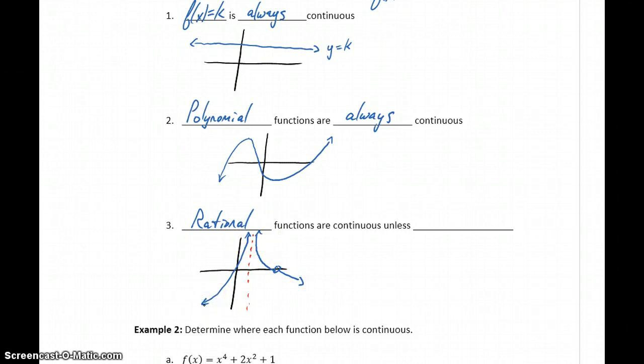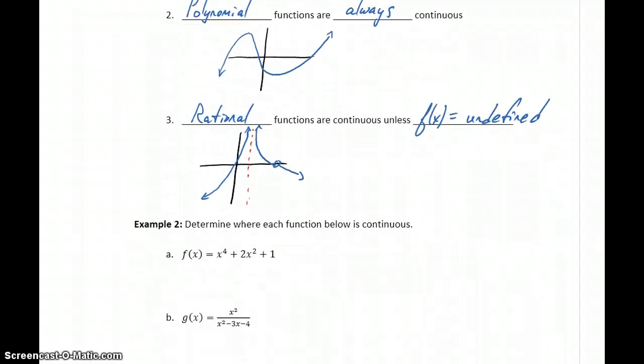So in either of those cases, at that asymptote, at that hole in the graph, our function will be undefined, meaning that that rational function will fail our definition for continuity. So rational functions are going to be continuous unless our function is undefined. Everywhere else, except for at those points where it's undefined, the graph is going to be smooth and continuous. The limit will equal the function value, so that definition will hold.